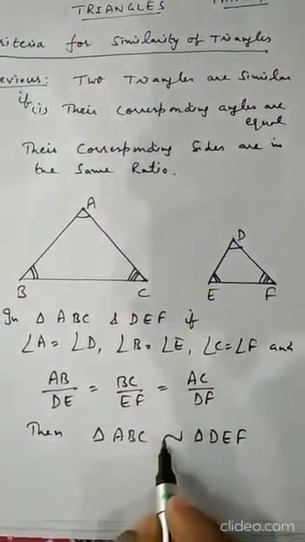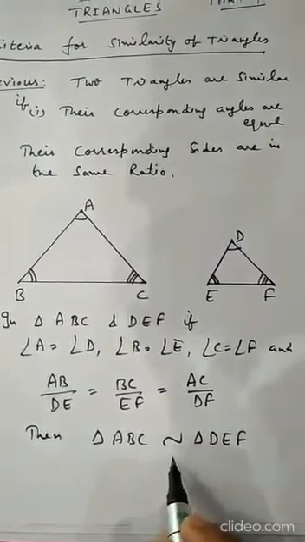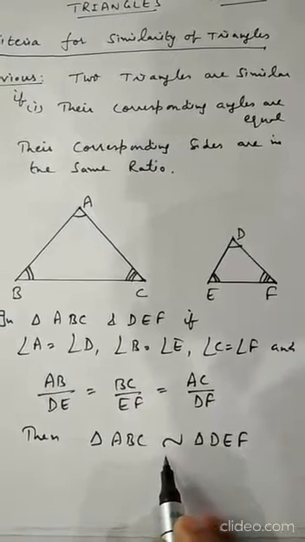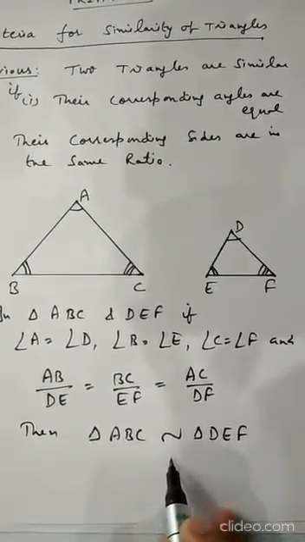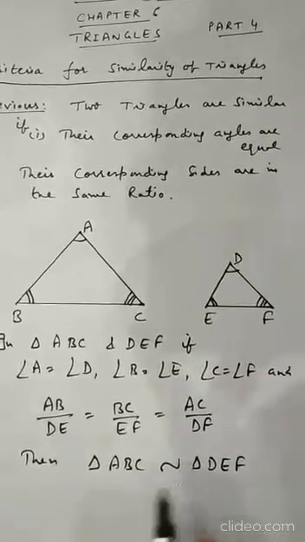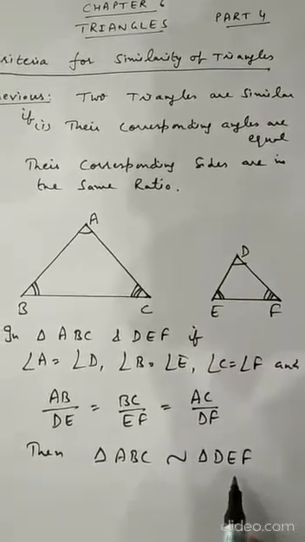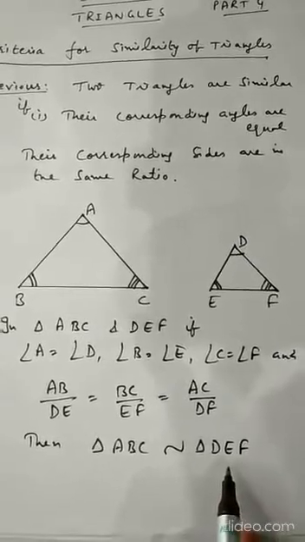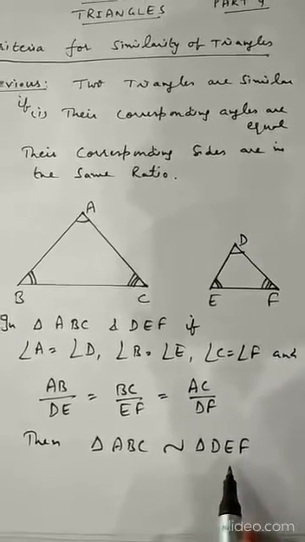Then triangle ABC is similar to triangle DEF, this is the symbol for similarity. As we write the congruent symbol, two lines will be removed for similarity. Hence triangle ABC is similar to triangle DEF because corresponding angles are equal and the ratio of corresponding sides is the same.